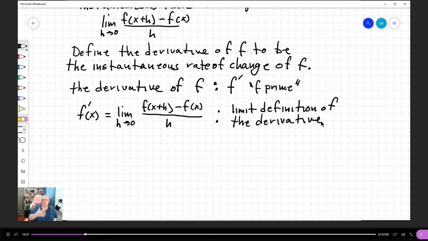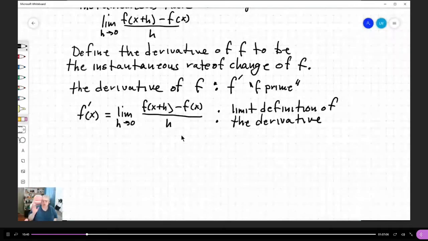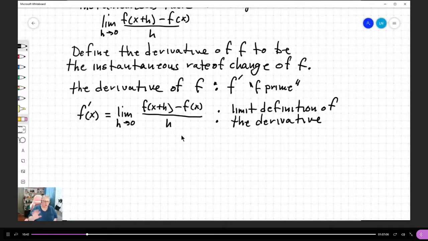All right, so anytime you hear that phrase, the limit definition of the derivative, this is the formula that we're talking about. Now, in pre-calc, you would have gone through a process of learning how to calculate that. I'll do a couple because not everybody took pre-calc with me, just some algebra tips for evaluating this.